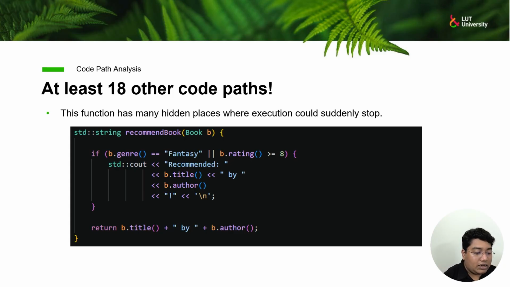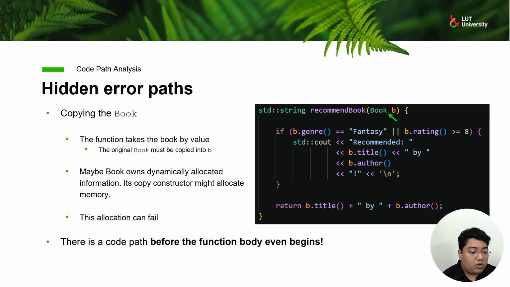The important lesson is that C++ programs are often much more complicated than they first appear. If our resource cleanup depends on reaching one specific line of code, then every one of these hidden paths becomes a potential bug. Now we are going to uncover where those hidden paths come from.